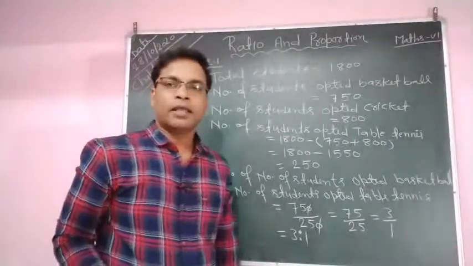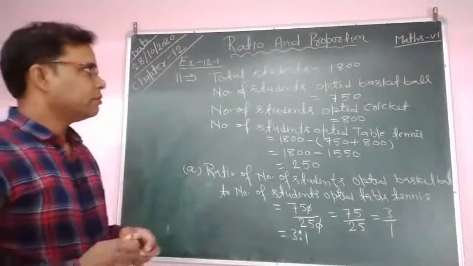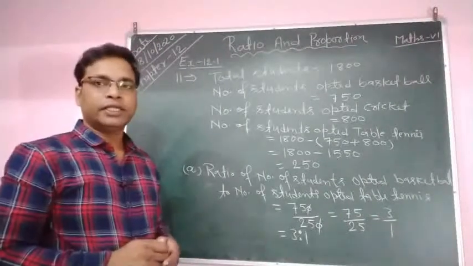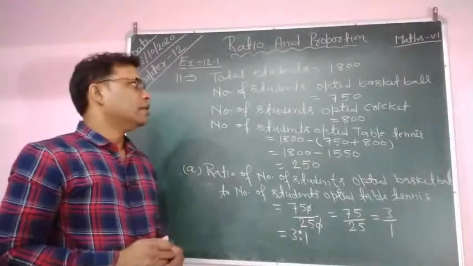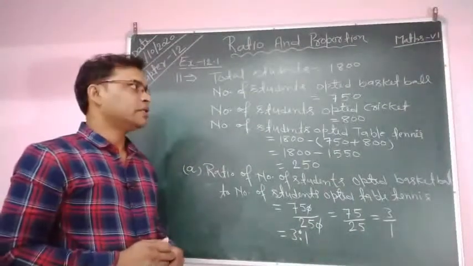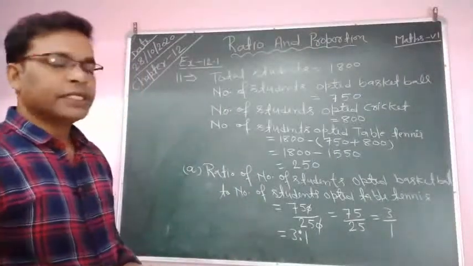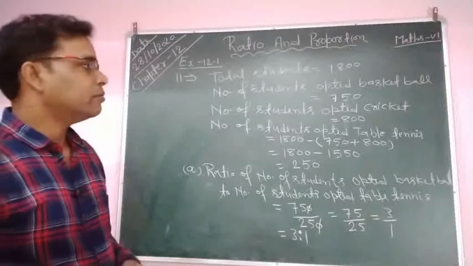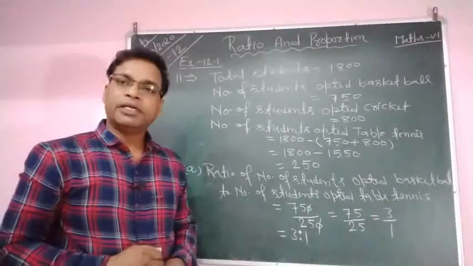This is clear. I hope all of you understood this question, because in this question it is given that the total number of students in a school is 1,800, the number of students who opted basketball is 750, and the number who opted cricket is 800. But we need to find the number of students who opted table tennis.